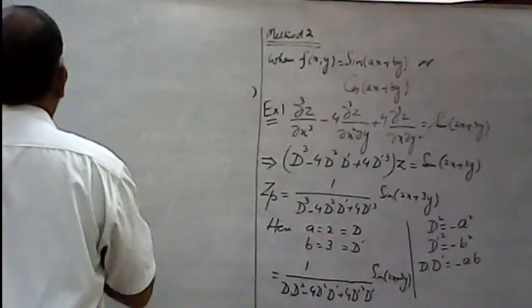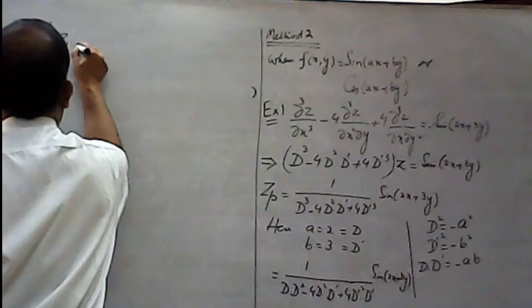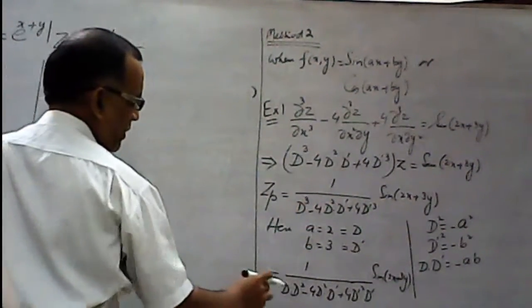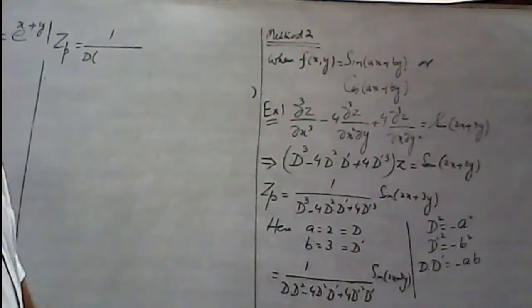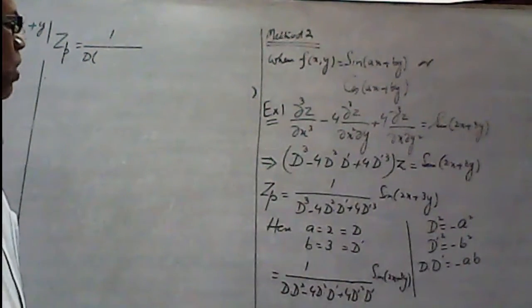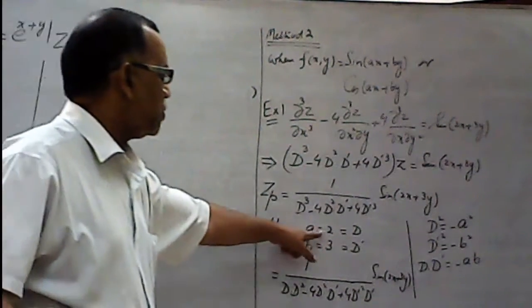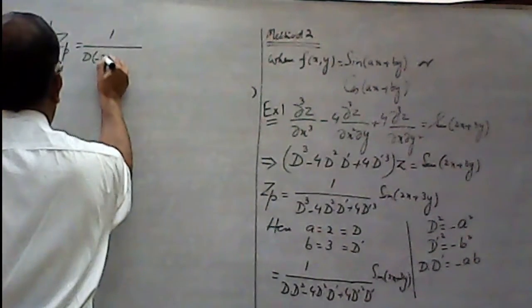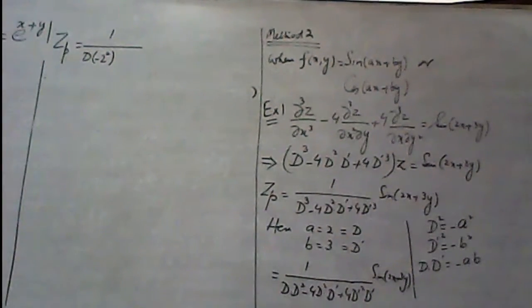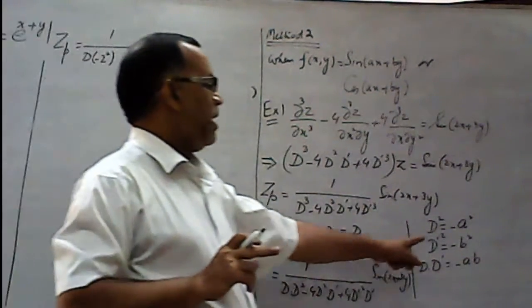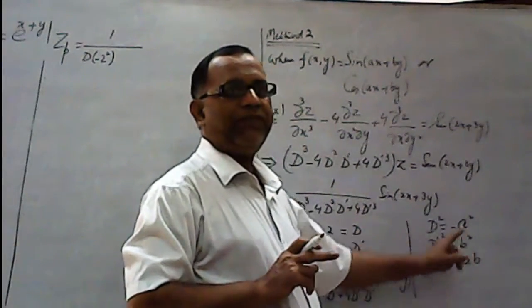So now substituting the values, Zp is equal to 1 upon D, and in place of D squared I need to substitute minus a squared, and the value of a is 2, so minus 2 squared. Remember, this square is not on the value of a, this minus is not on the value of a.